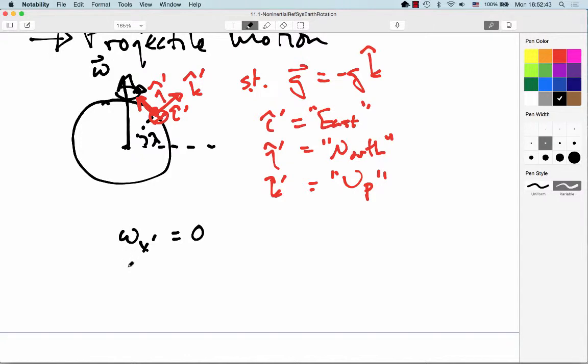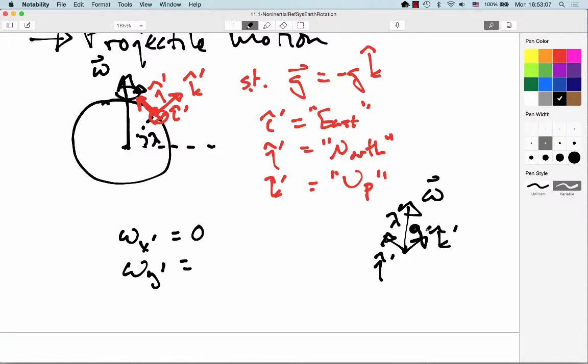But for the y component, omega y prime will be equal to omega times, let's just draw it over here to think about it a little better, omega k prime points that way, j prime points that way, this angle here is lambda, and this angle here is 90 degrees minus lambda. So this will be omega cosine lambda, and then for the z prime, that will be omega sine lambda, and you should convince yourself of that.